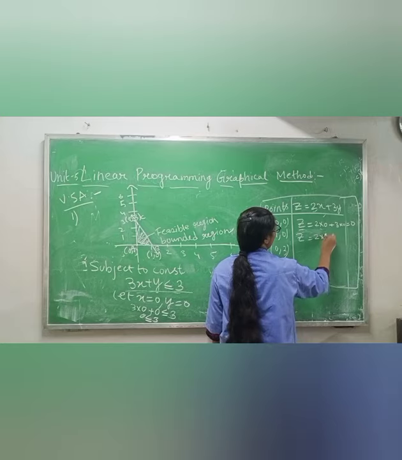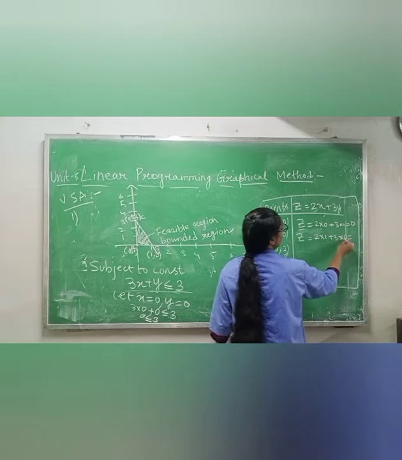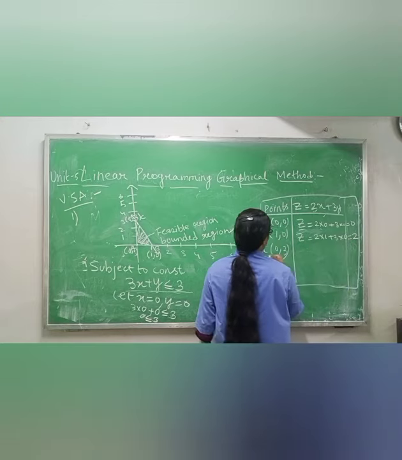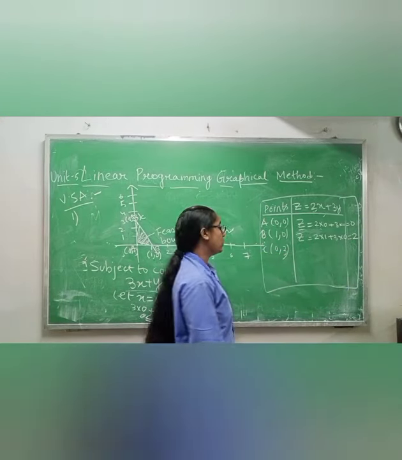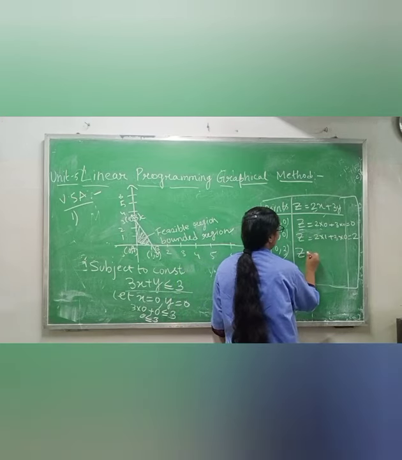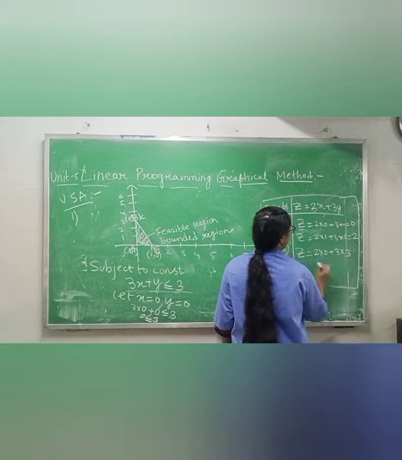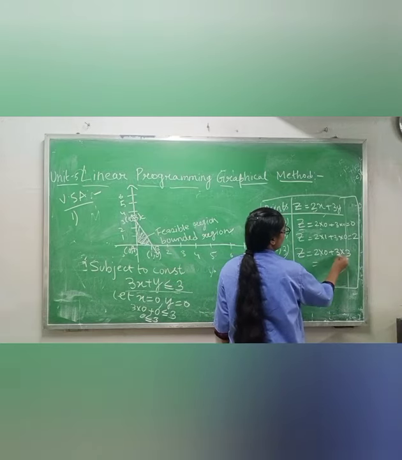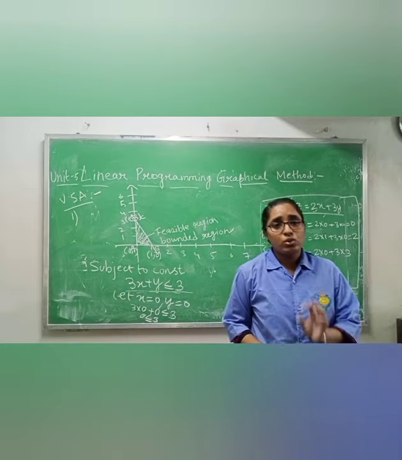So 2 into 1 plus 3 into 0. 2 ones are 2, 3 into 0 is 0, so 2. Now in place of x you will put 0 and in place of y you will put 3. It means 2 into 0 plus 3 into 3. 2 into 0 is 0, 3 threes are 9. It is 9.